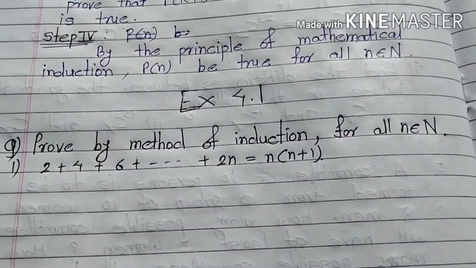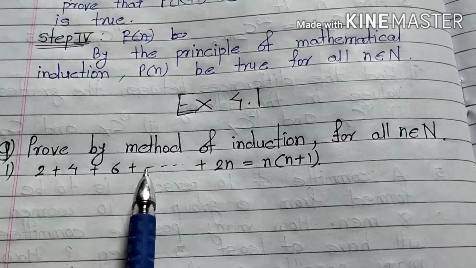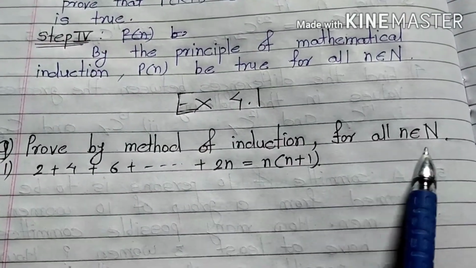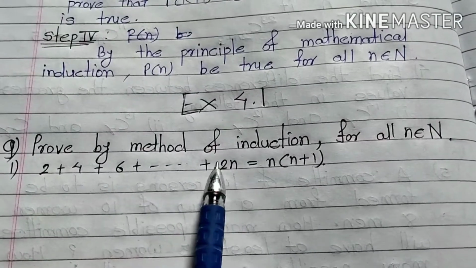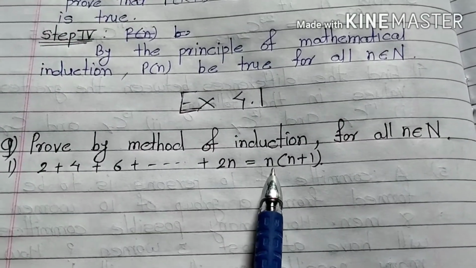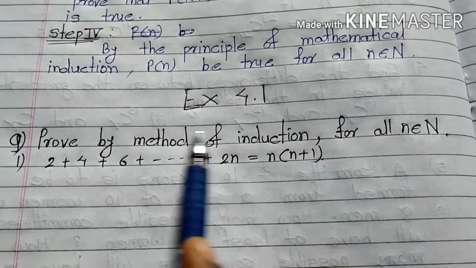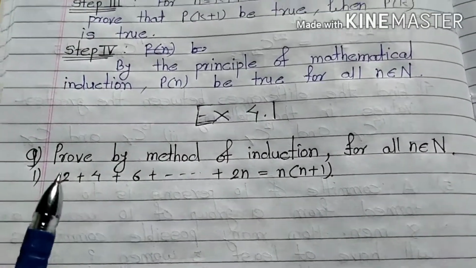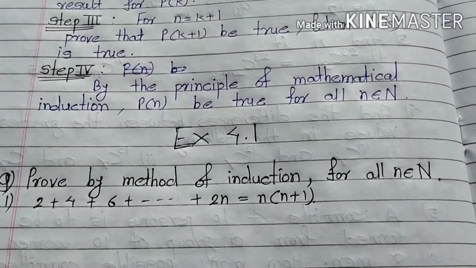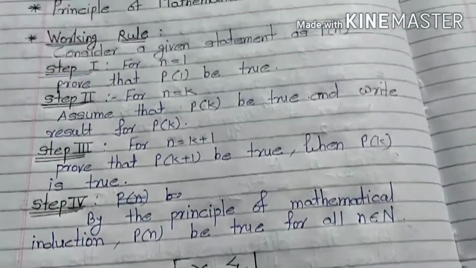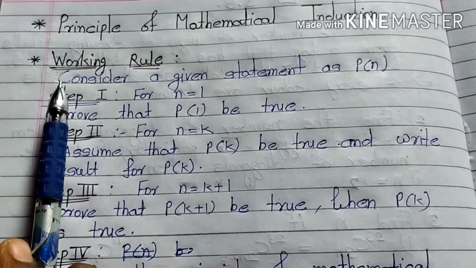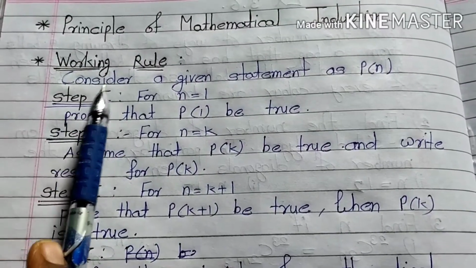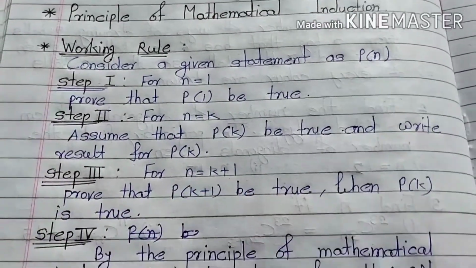So our first example is: prove by method of induction, for all n belongs to natural numbers, 2 plus 4 plus 6 up to so on 2n, which is equal to n into n plus 1. So we have to prove this equation, and we can prove this equation by the principle of mathematical induction. So in this working rule, first consider a given statement as Pn.